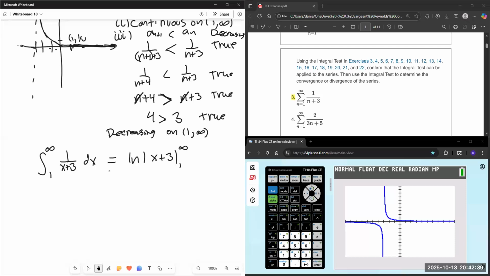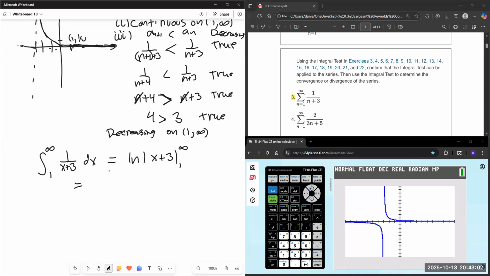If your teacher says don't do this, don't do this. But at this point in the class, most teachers are going to say, yeah, I understand that you understand that you can't really plug in infinity, that this is a limit, and that you need to take the limit as you go to infinity, not that you're plugging in infinity.